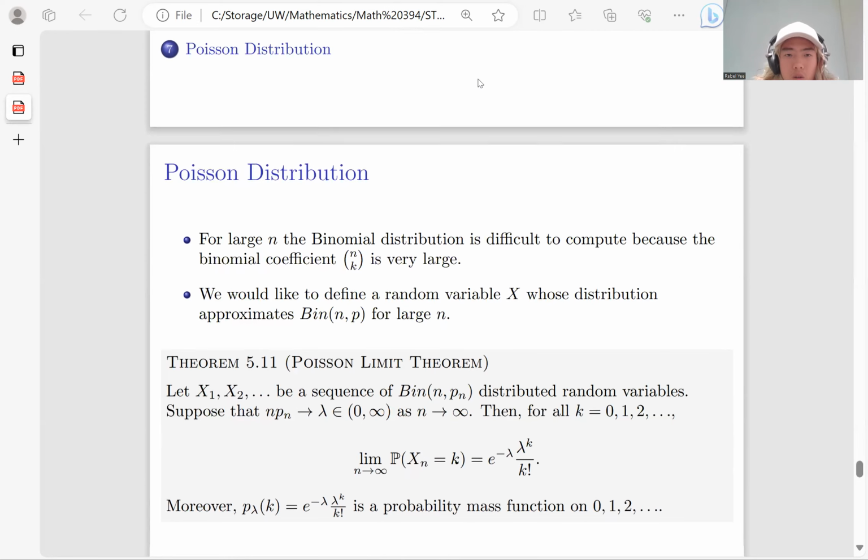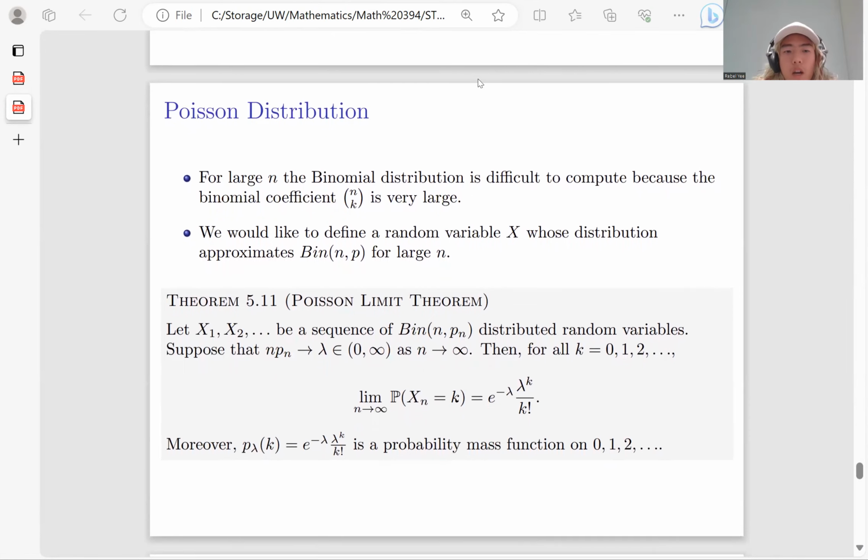But today I want to introduce it in a different way. We are viewing the Poisson distribution as the long-term behavior of the binomial distribution. When n in a binomial distribution becomes very large, it's very difficult to compute because the combination, n factorial over k factorial times n minus k factorial, becomes very, very large.